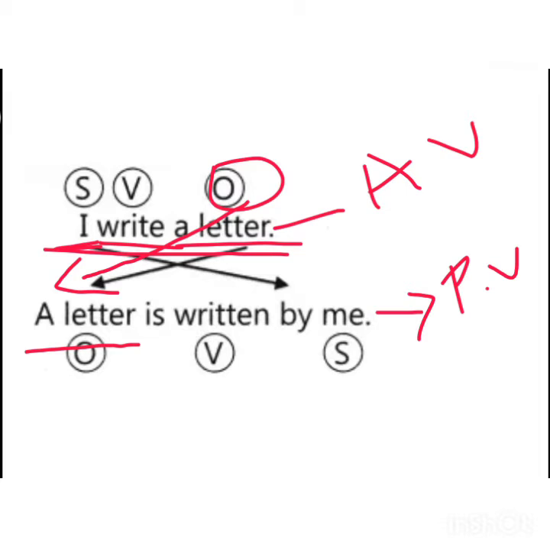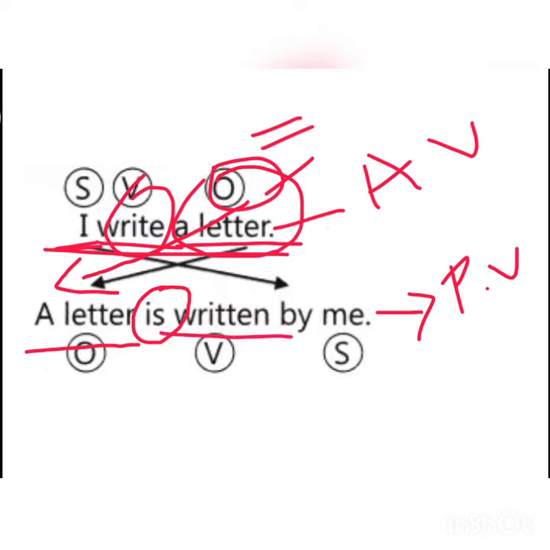While we are converting the active voice into passive voice, we have to concentrate on the object, whether the object is singular or plural. Here a letter is singular, so we add the singular auxiliary verb form is, and then we should write the past participle of the main verb write, that is written, and later we should add by.